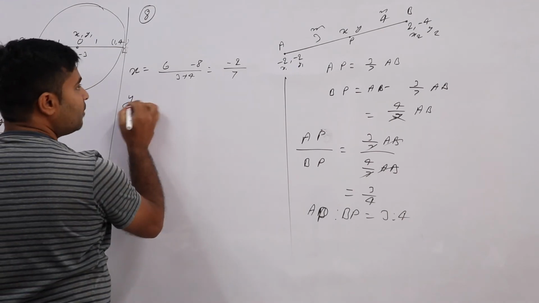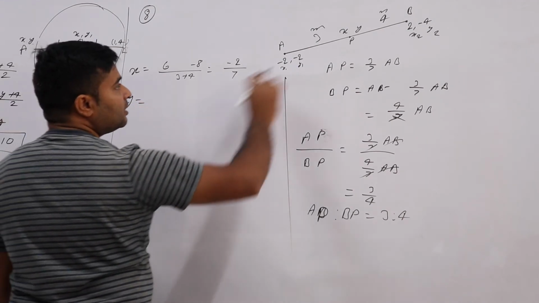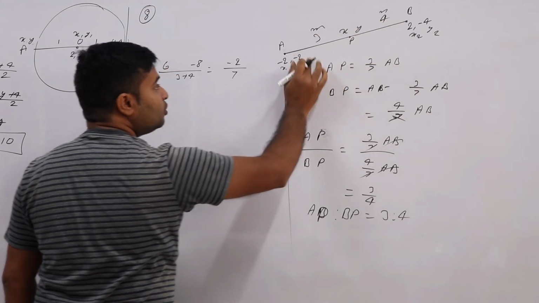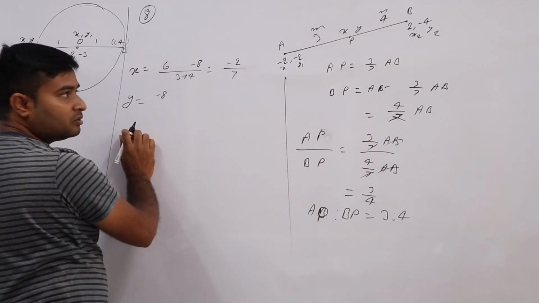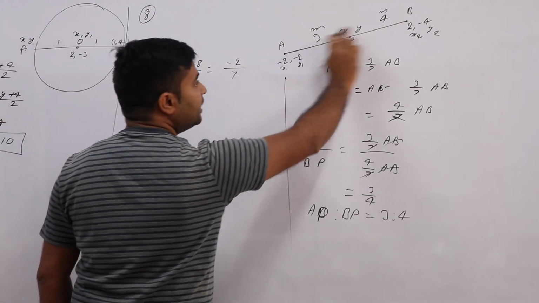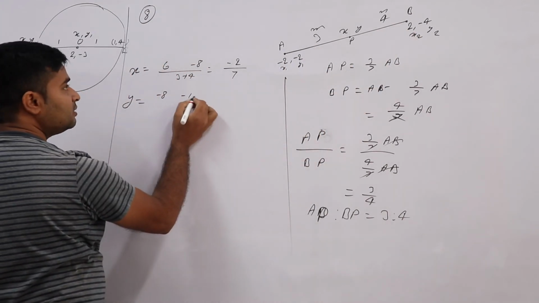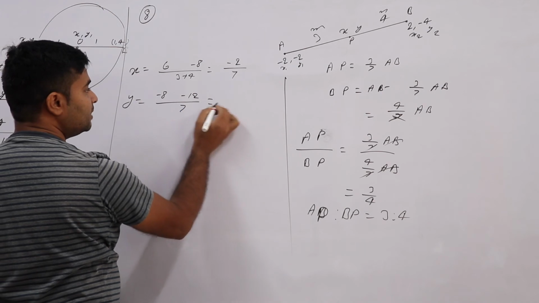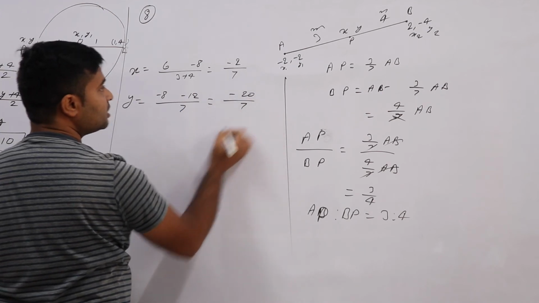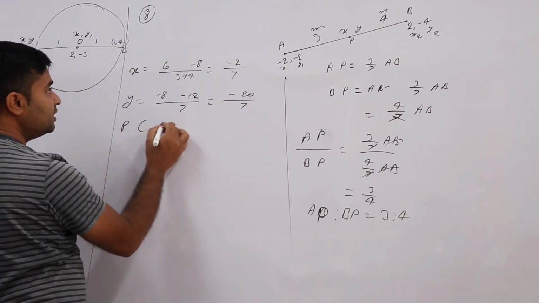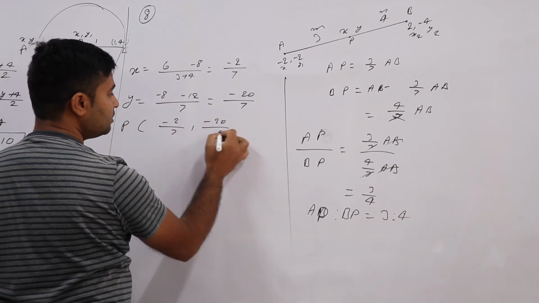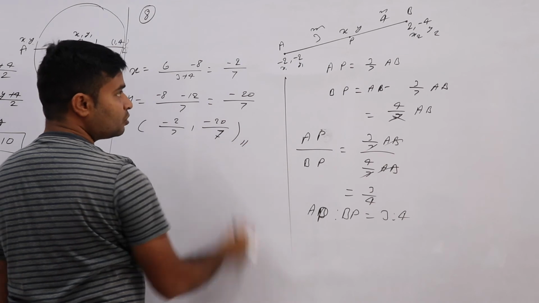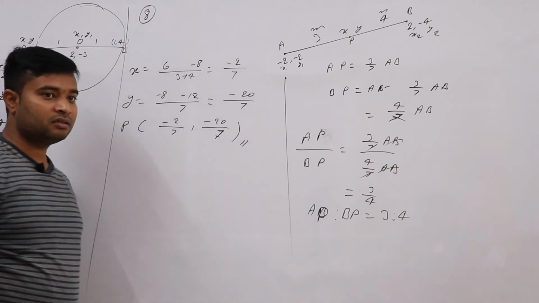Next, y is equal to 4 into minus 2, minus 8, then 3 into minus 4, minus 12, so minus 20 by 7. This we get as the coordinate of point P: minus 2 by 7 comma minus 20 by 7. Done? Understood or not? Doubt?